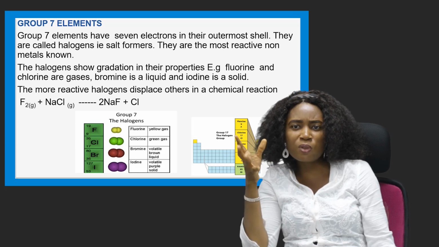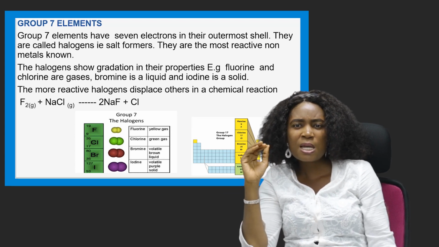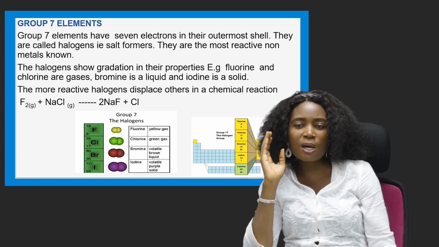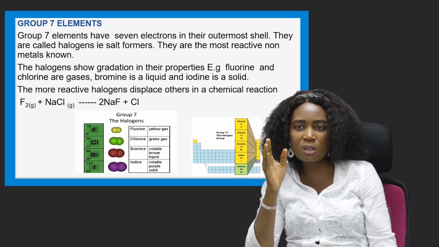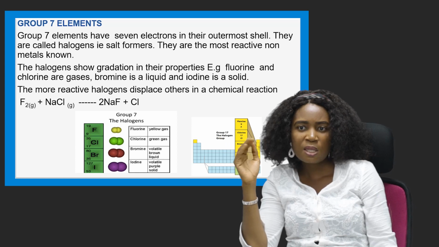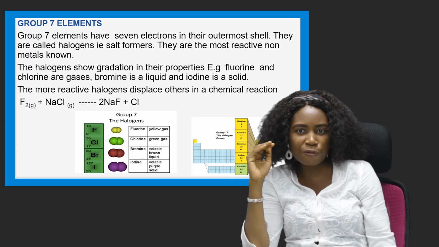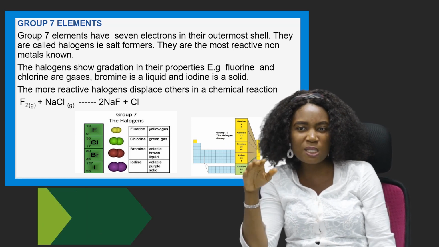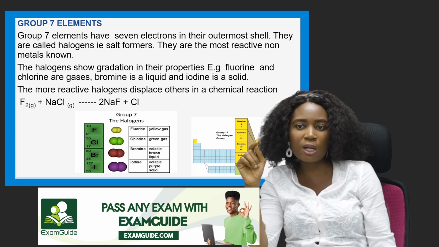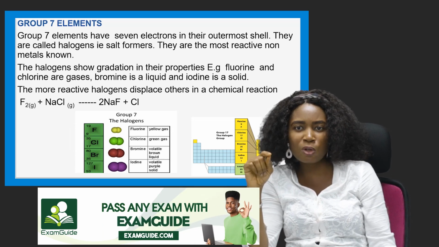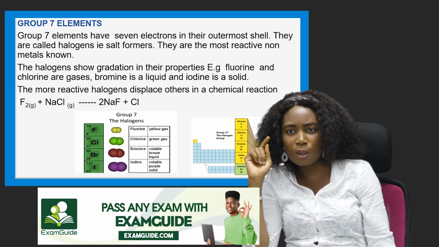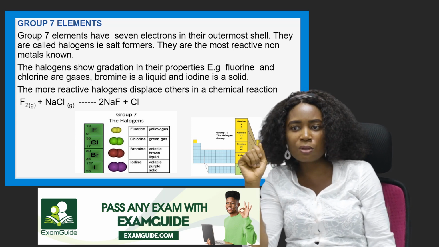Now, one of the characteristics of these group 7 elements is that the reactive ones displace the others. The first element, which is fluorine, is capable of displacing chlorine in a chemical reaction. Chlorine is capable of displacing bromine in a chemical reaction.